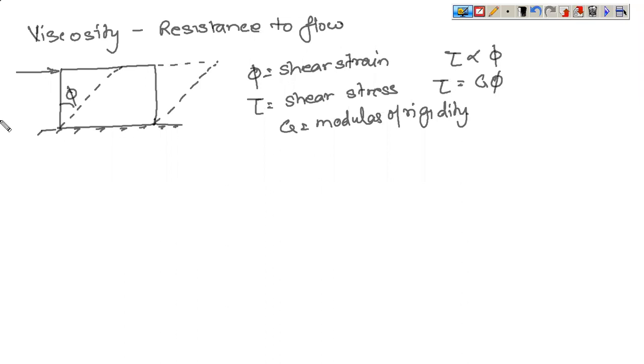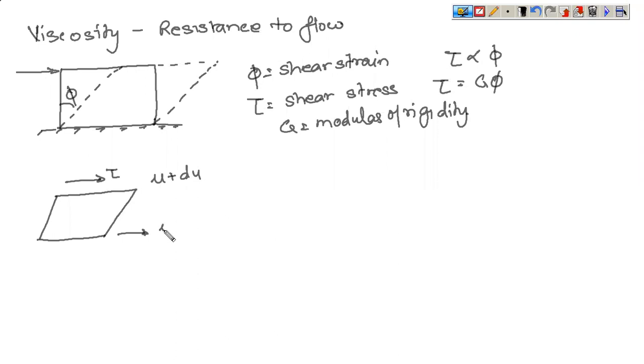The same happens in the case of fluids. So in the case of fluids, let us say that you have a system where tau is acting here, and you have a velocity u plus du at this end, because this is sliding over the other plane.